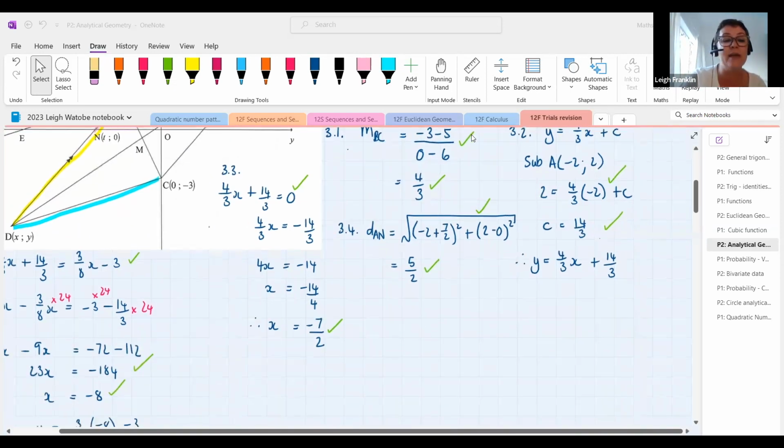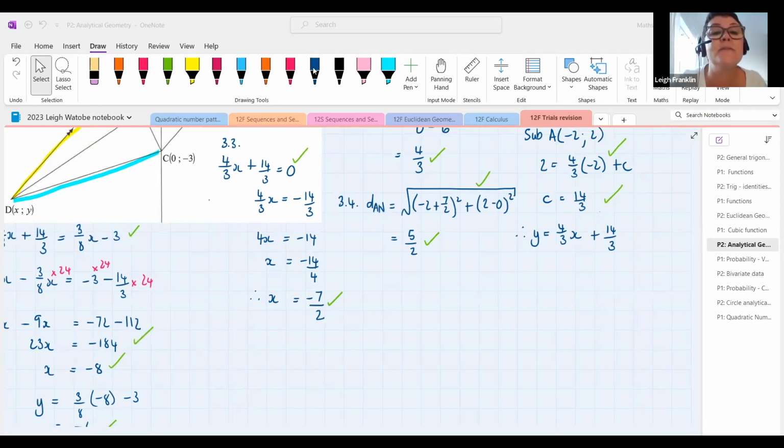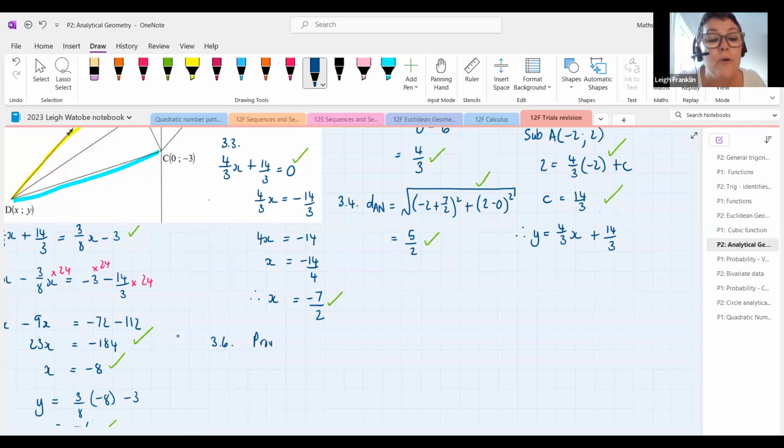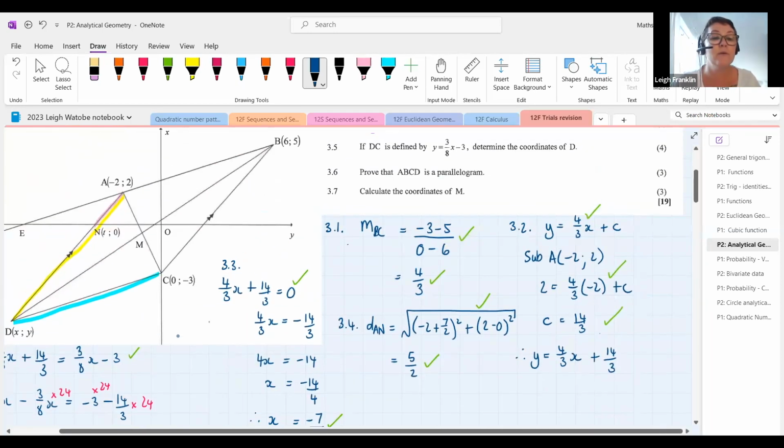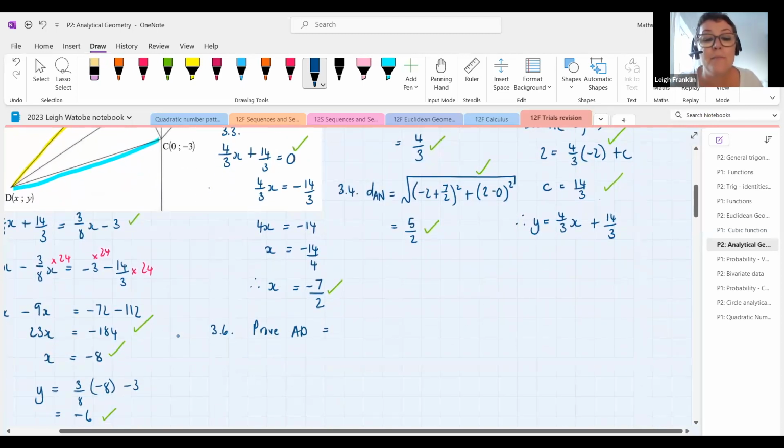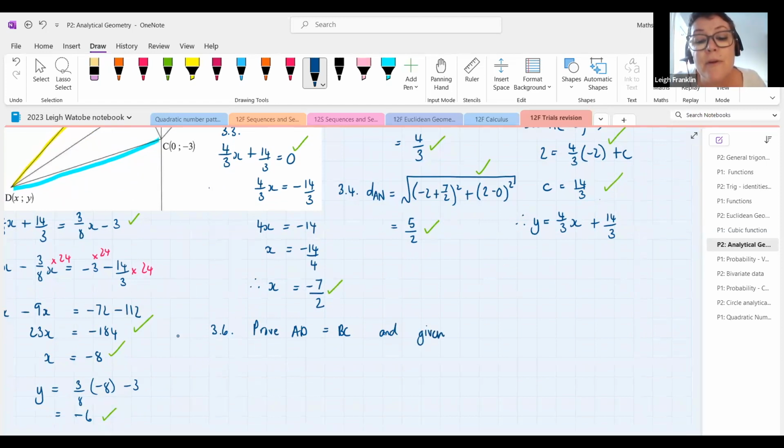All right, so your options here for question 3.6 is either prove AD equals BC, and given AD parallel to BC, therefore ABCD would be a parallelogram because you would have one pair of opposite sides equal and parallel.